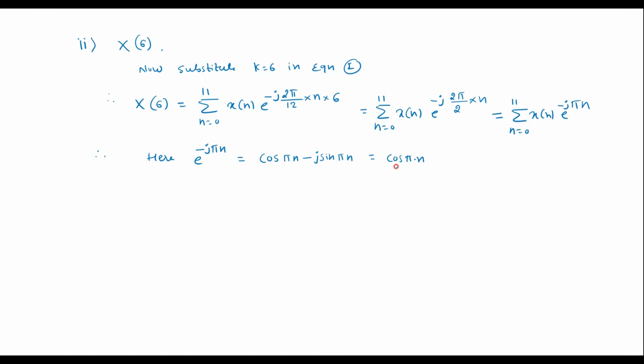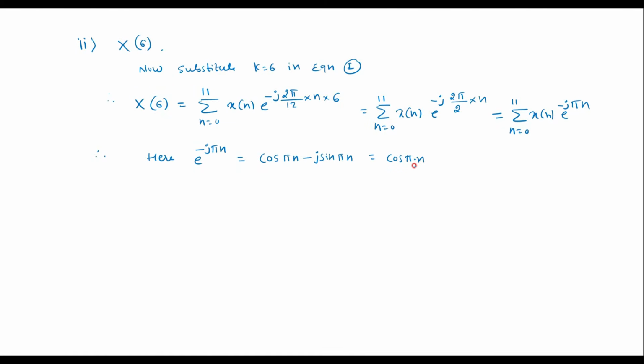We can see that if we take n equal to 0, then cos 0 is 1. If we take n equal to 2, then cos 2 pi is also 1. If you take n equal to 4, cos 4 pi is also 1. It means that for all even values of n, the value of cos pi n is plus 1.